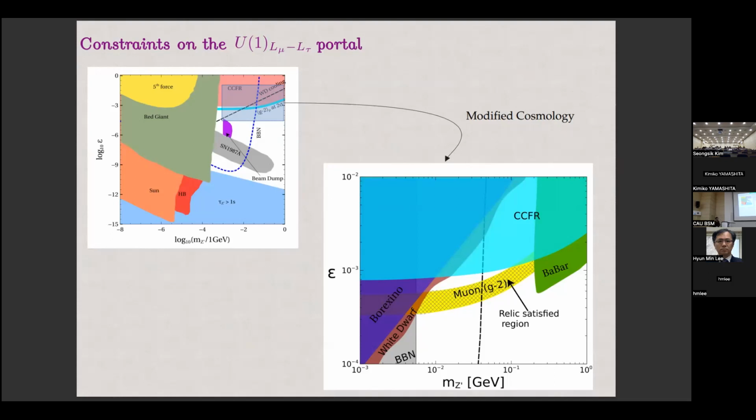Any other questions? I'm curious about this BBN bound. Can you explain what the BBN bound is? Okay, there is a dashed line, so I will explain.